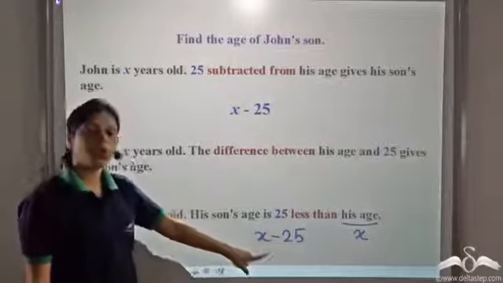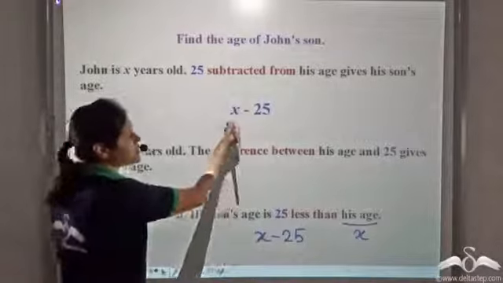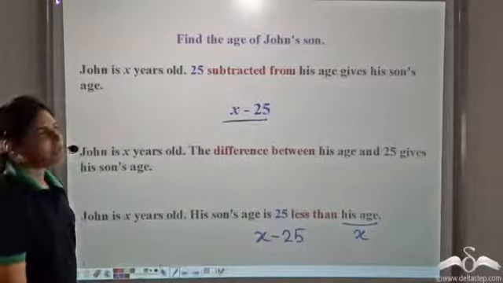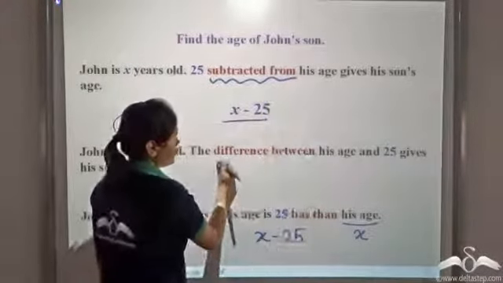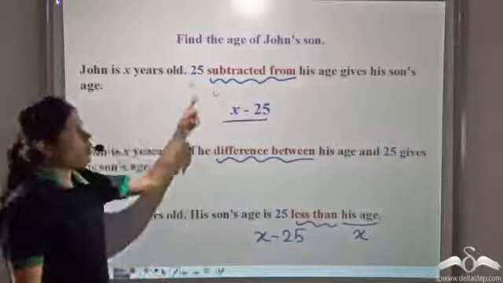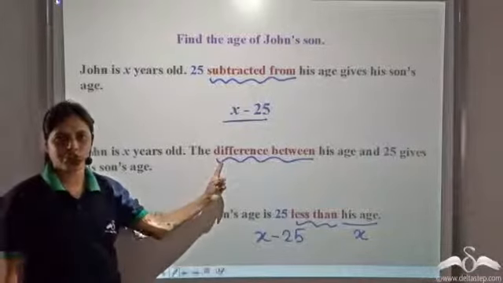So the age of John's son is x minus 25. So we see that all these words, subtracted from, difference between, less than, represent the subtraction operation.